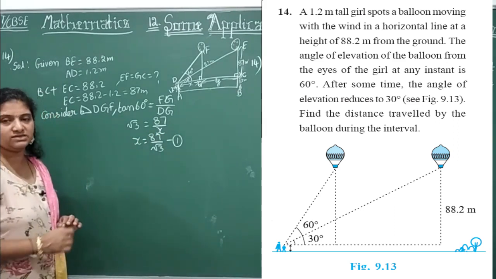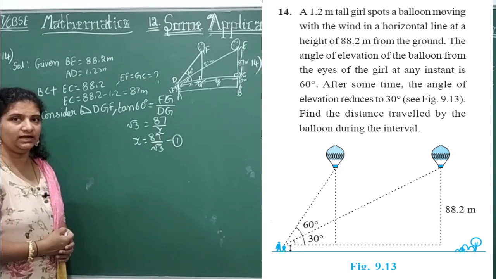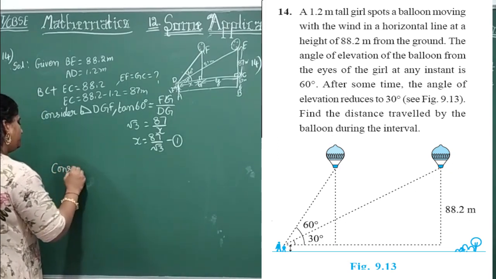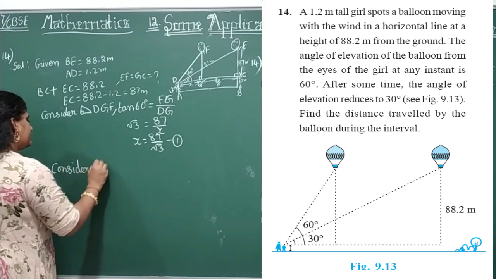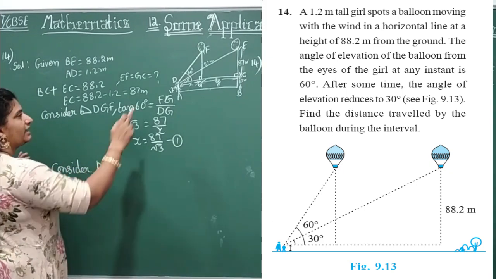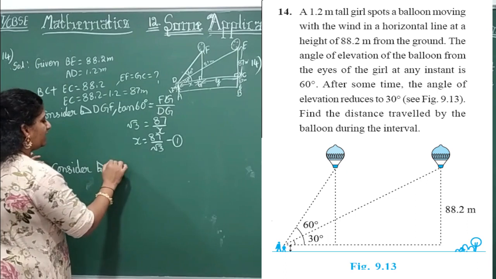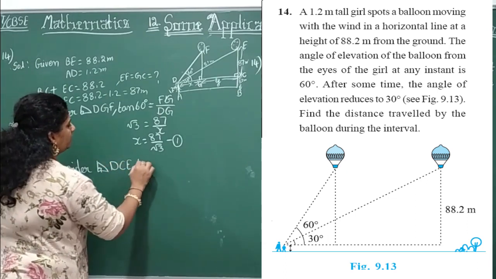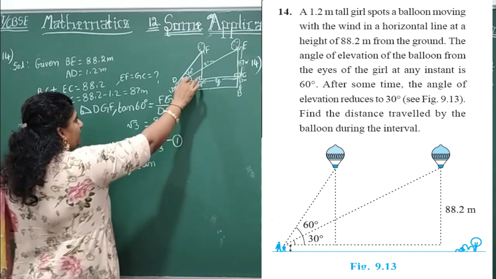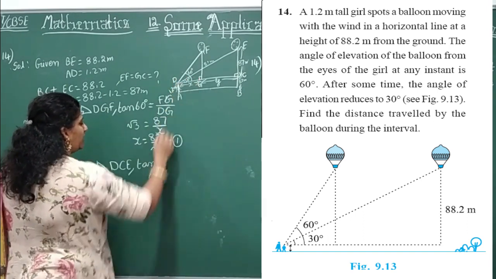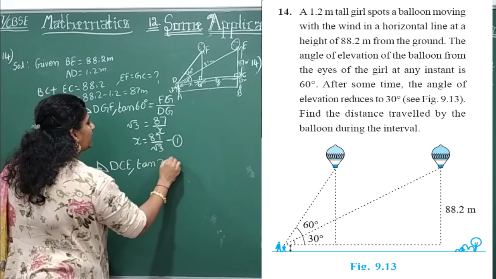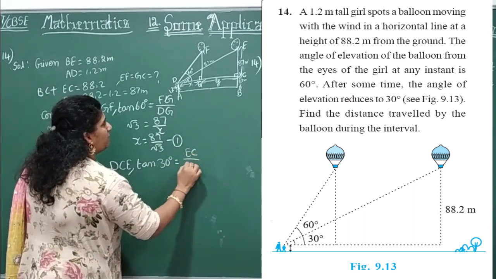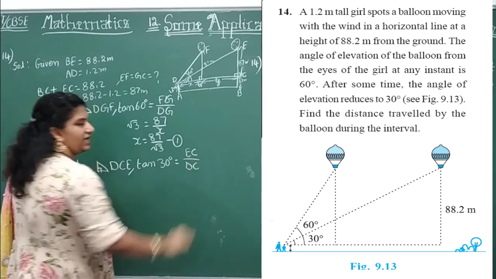And now consider the second right angled triangle. What is the right angle here, children? DCE. What is the angle here? Only the small angle you have to say, that is tan 30 degree is equal to opposite EC by DC.